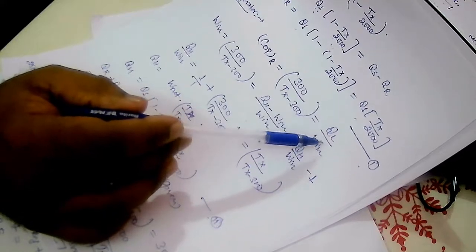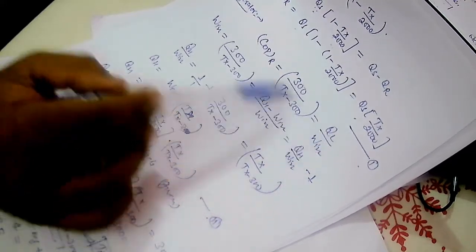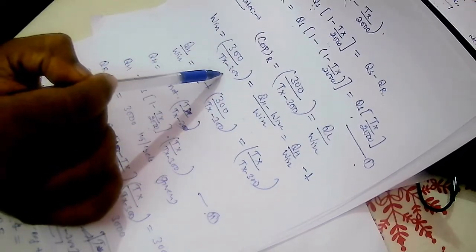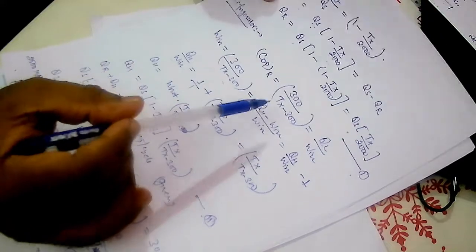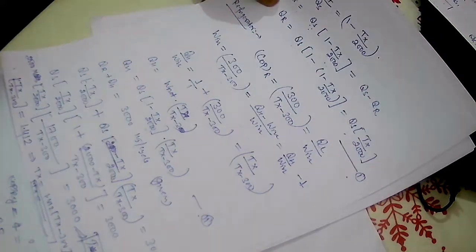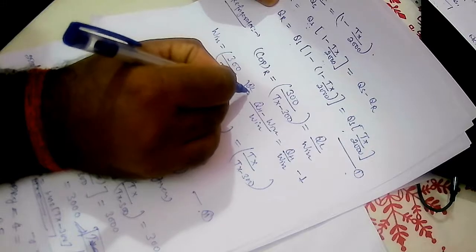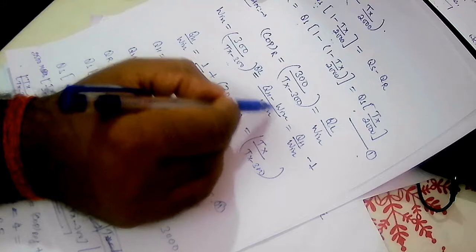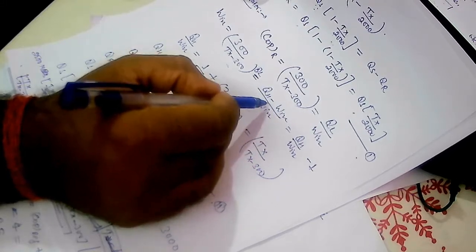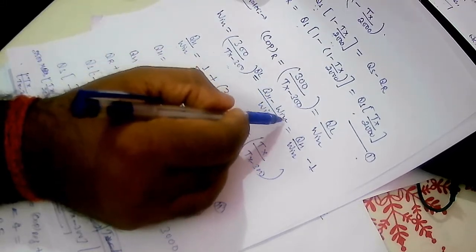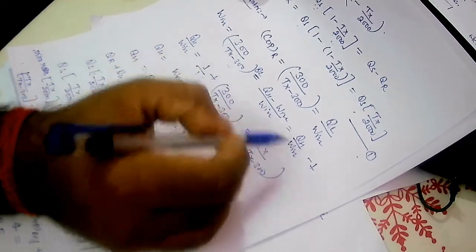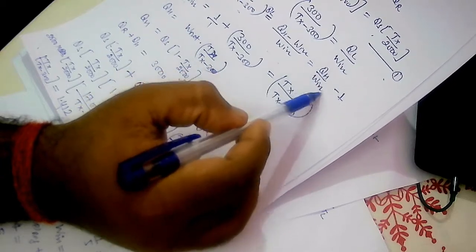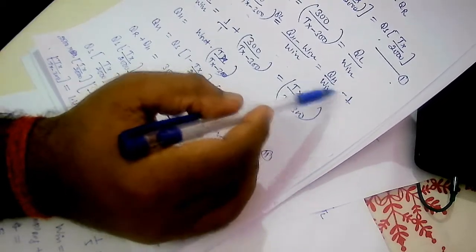Then from here you express W input as 3000 by 300 by Tx minus 300, that you have written, into QL, and QL is basically QH minus Wn. So you have written QH minus Wn by Wn. Just substitute that value, you got QH by Wn minus 1.